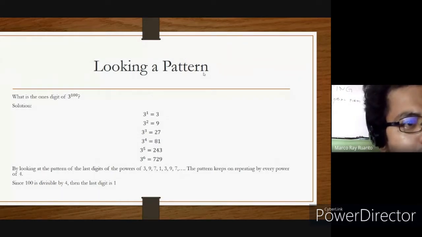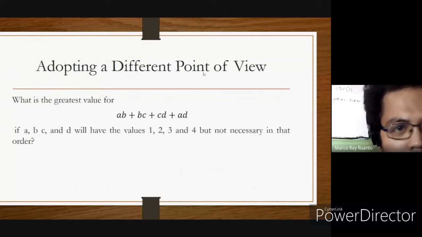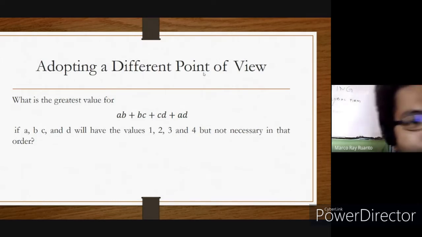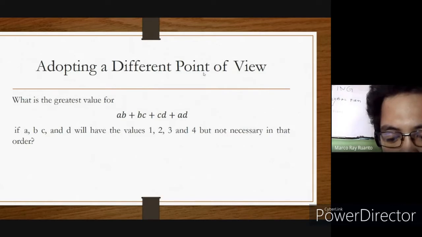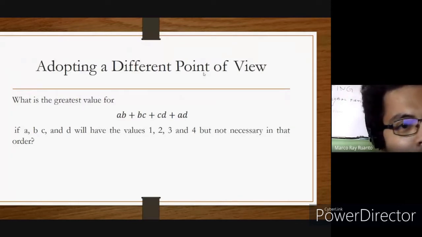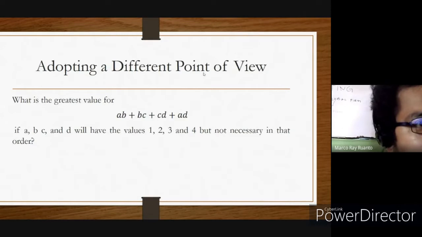Okay, the next strategy is adopting a different point of view. If you try to recall in the Polya model, in the last part, looking back, there is a question there: can you solve this problem in another way?